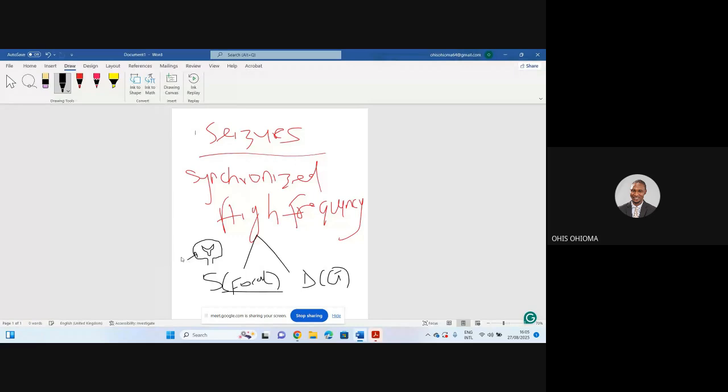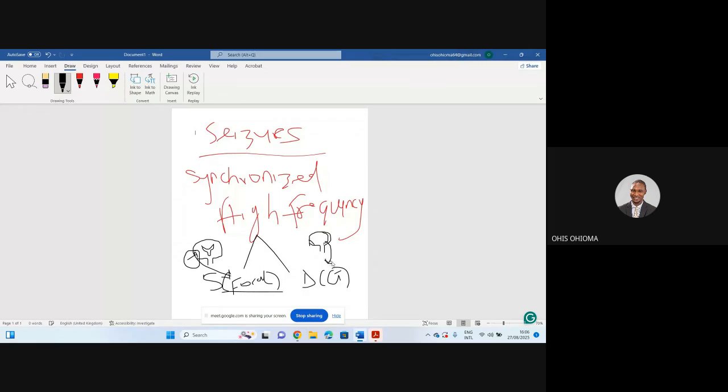This kind of seizure is a focal seizure. But if the seizure involves a wider area or multiple areas or a greater portion of the brain, it's called a generalized seizure.